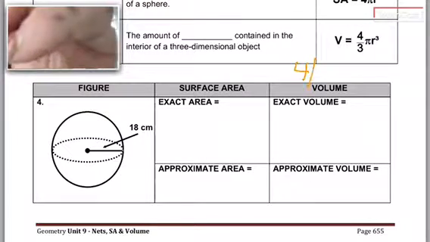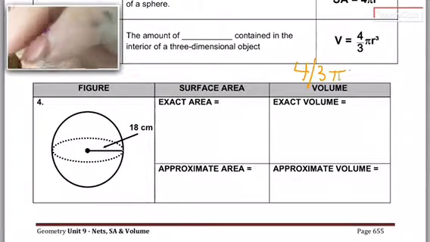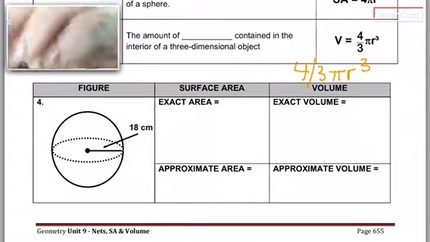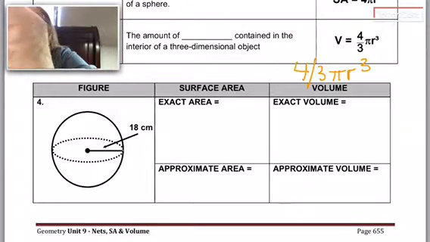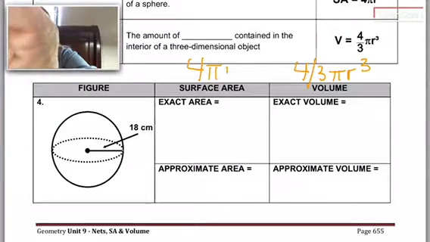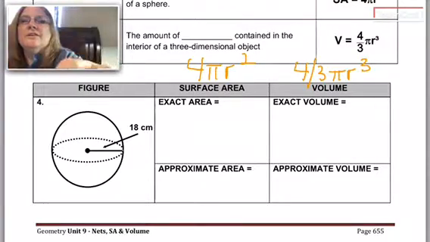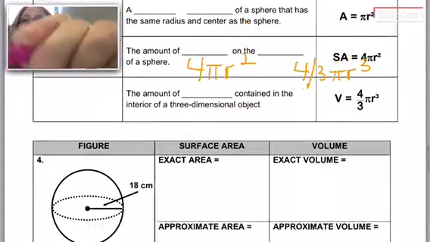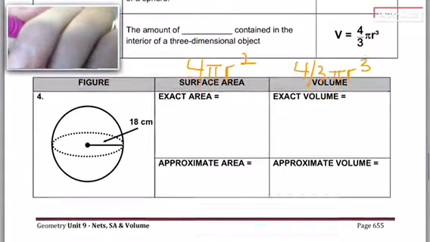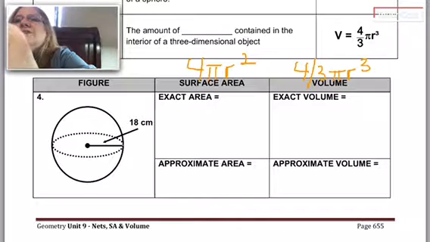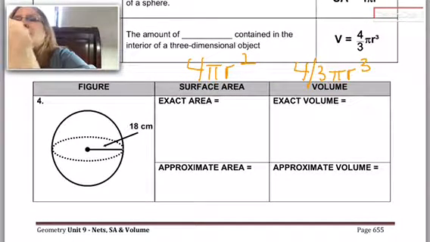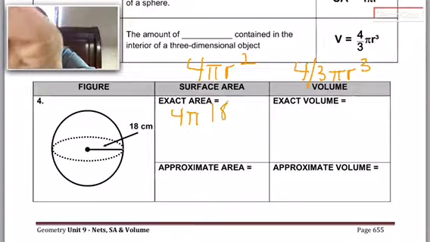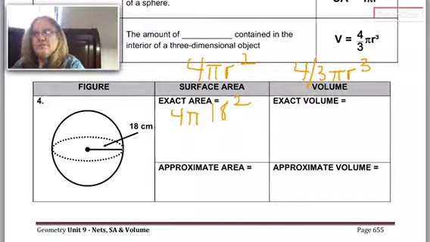So volume is 4/3 pi r cubed, and surface area is 4 pi r squared. Okay, and so that's what's given to us right here. All right, so the exact area here is you just have 4 times pi times 18 squared. And just use your calculator.